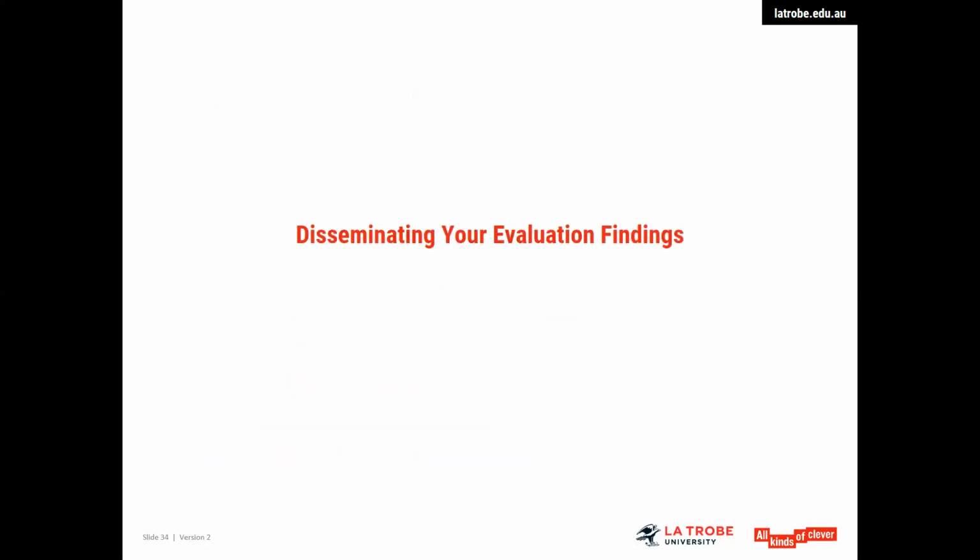I have put together, again, I'm not going to go through all of this, but there are some tips for disseminating your evaluation findings. In your evaluation plans for Assessment 3, you will need to think about how you're going to disseminate your findings. So I would be thinking about who you're disseminating it to and in what format.